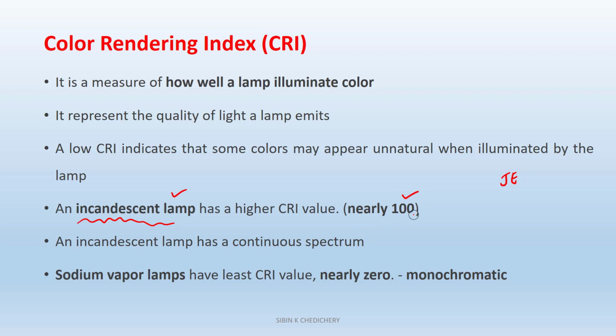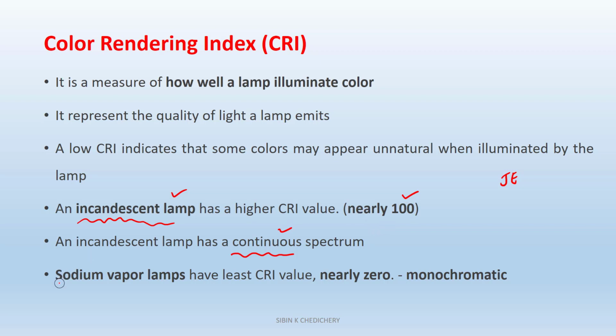This is because the frequency spectrum of an incandescent lamp is continuous. We have already discussed the wavelength spectrum of different lamps. So the higher CRI value of the incandescent lamp is due to its continuous spectrum.